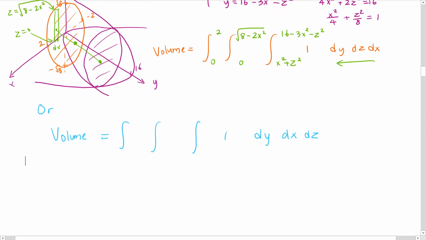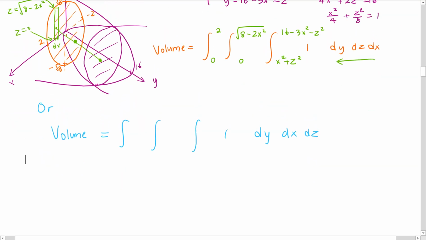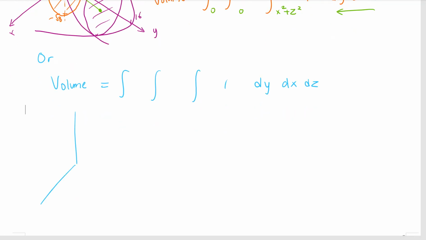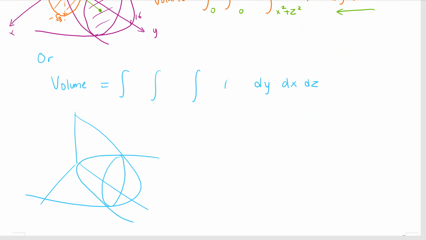In this case, what happens? Well, we have the picture again. We have this, this, and this, and then we project here, right? This is the square root of 8, this is 2. Now dz is right here.